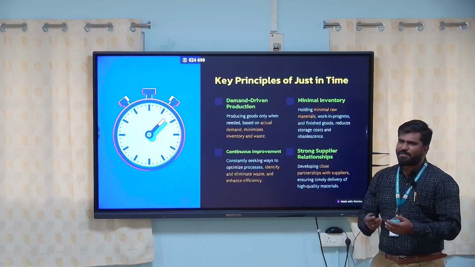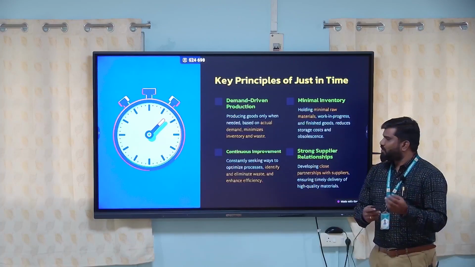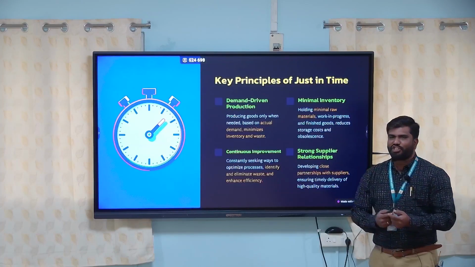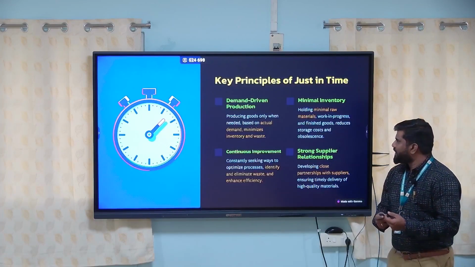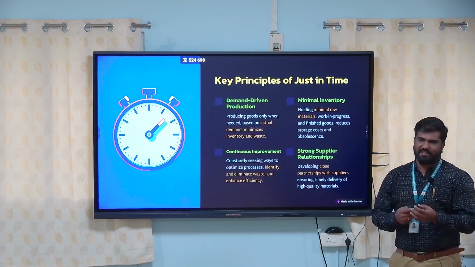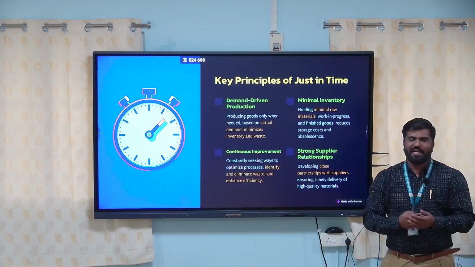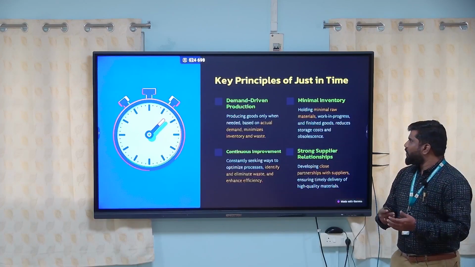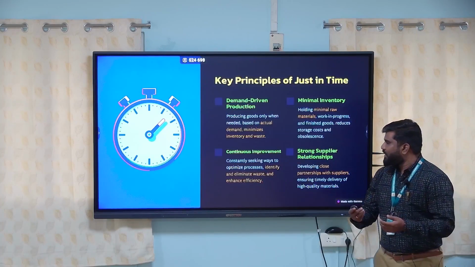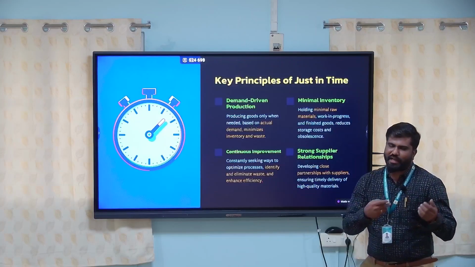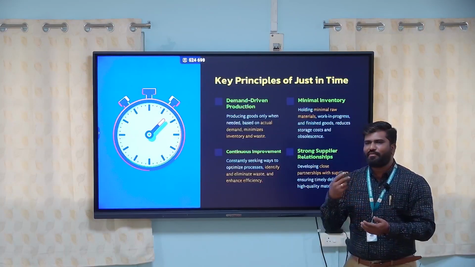So what are the key principles in just in time? First, demand-driven production. What is demand-driven production? In production we know that when a demand is there, we need to supply. So when the demand is there, we get the raw materials for the production and we produce it.